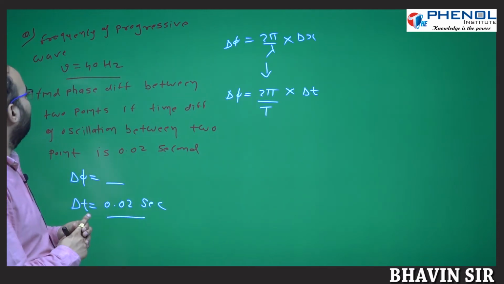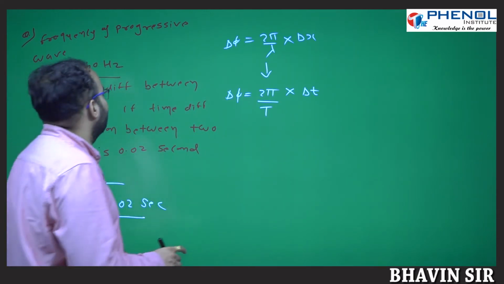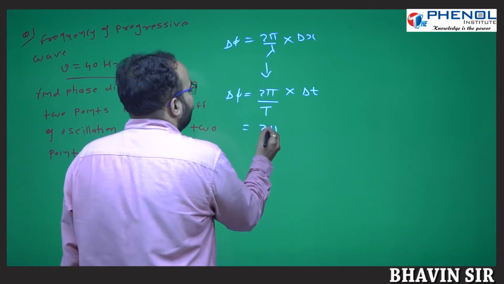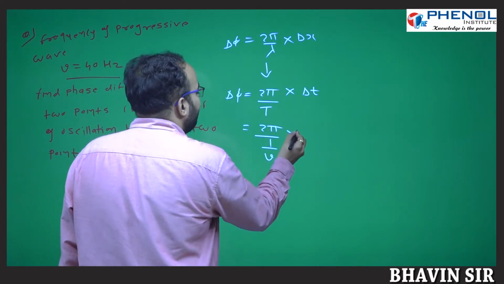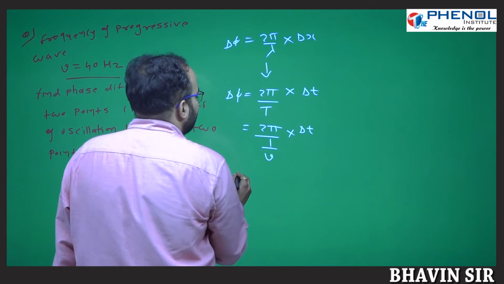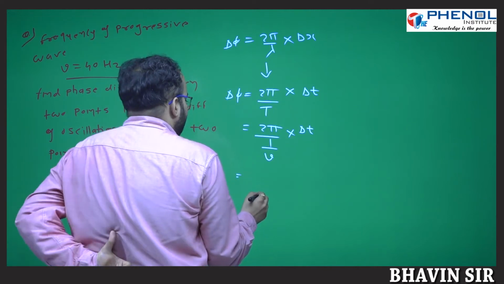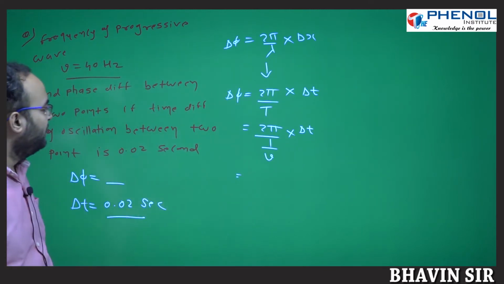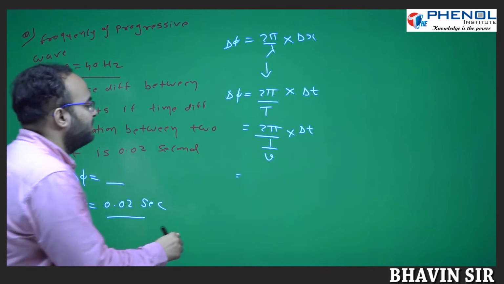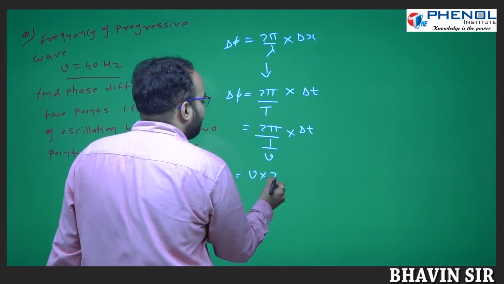Again now frequency is given but time period is not given, so here we write 1 by nu. So frequency is in multiply.